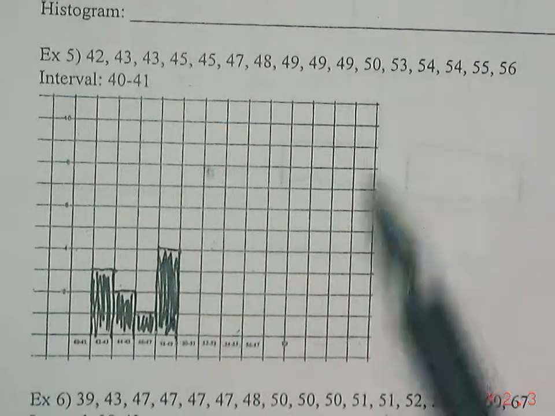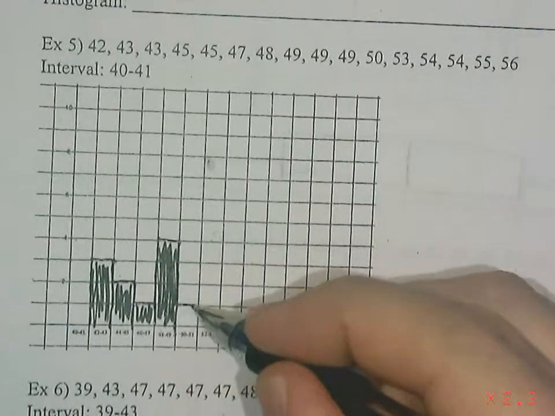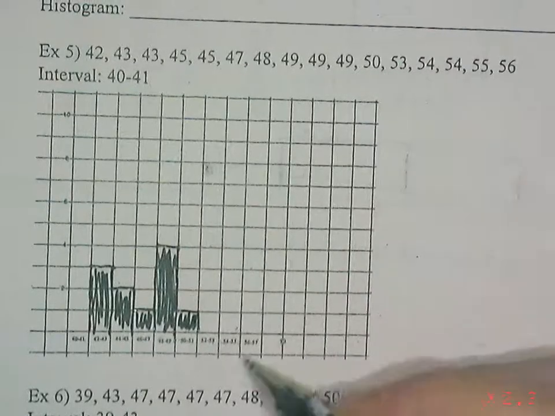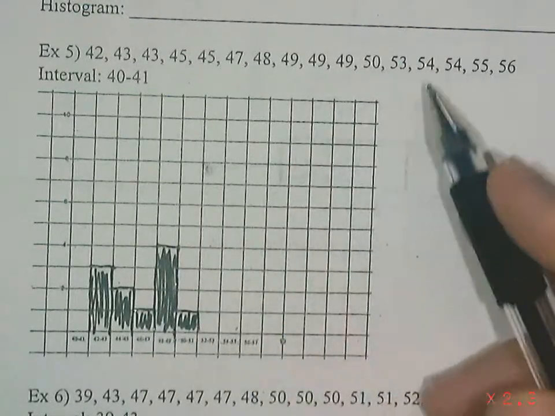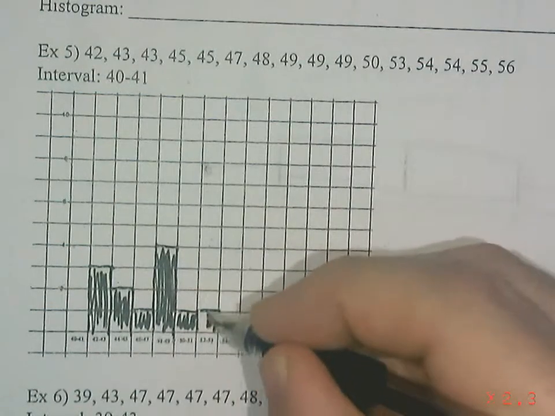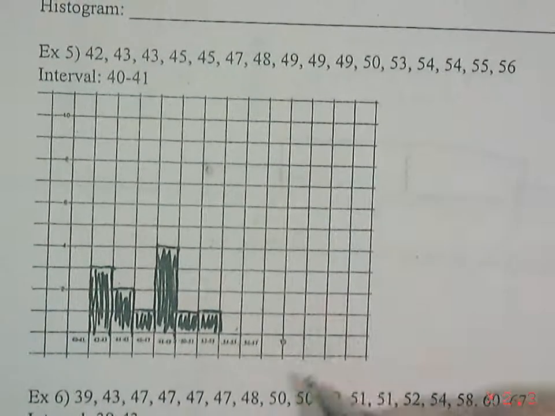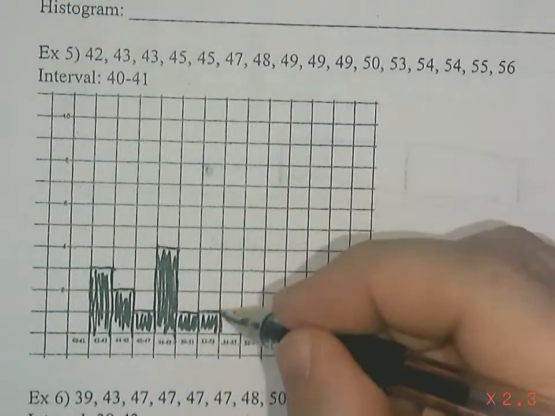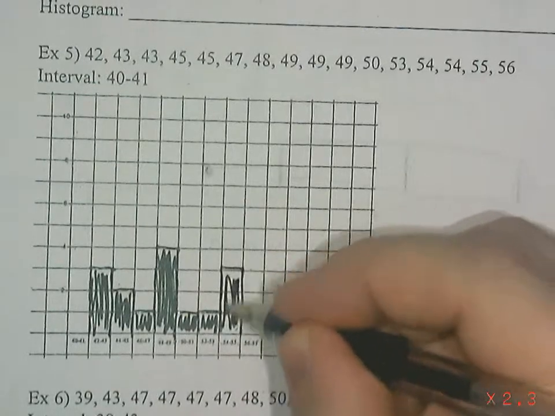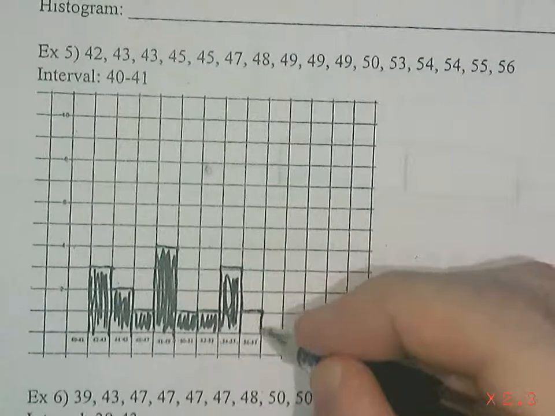Okay, and then 50 and 51, there's just 1 50. And then 52, 53, there's 1 53. And 54, 55, there are 3 of them, 2 54s and 1 55. And then 56, there is 1 of those.